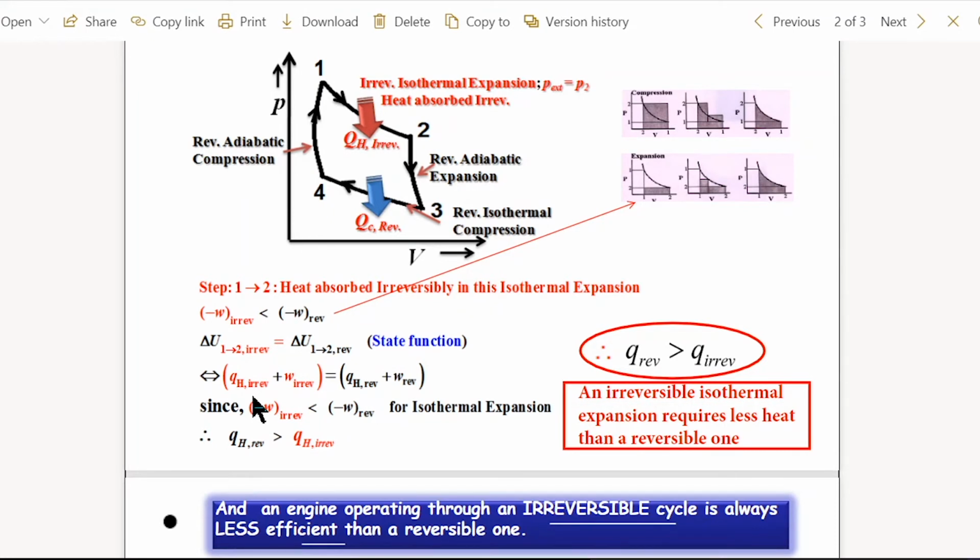Now I say that the minus W is greater in the reversible step than the irreversible step. If one is greater, the other must be less. Then what does it mean for isothermal expansion? An irreversible isothermal expansion requires less heat than the reversible one.